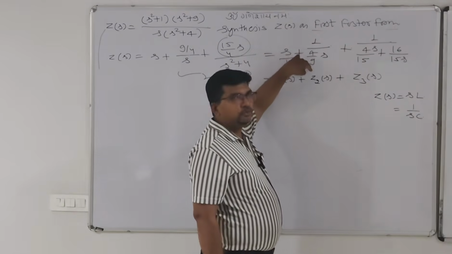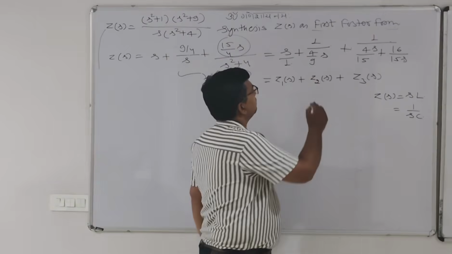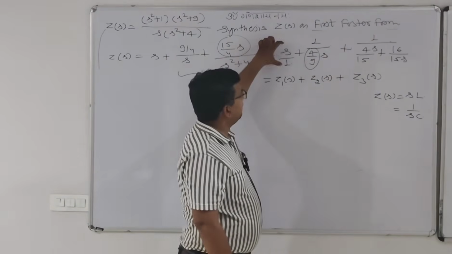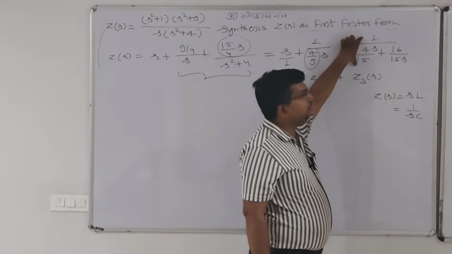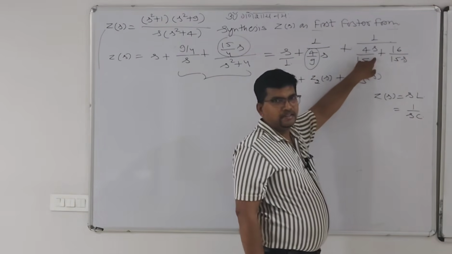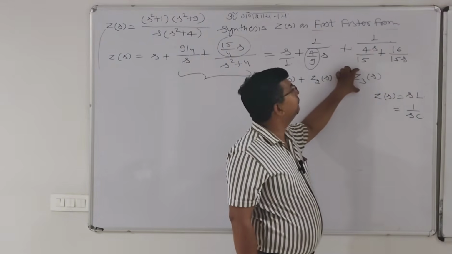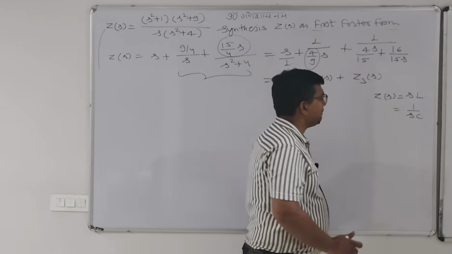While the second term Z2(s), which is 1 upon SC, represents the capacitance. So they basically represent a single element. While in case of Z3(s), there are two terms of S, which means this Z3(s) is a combination of two elements: one is an inductor and another is a capacitor.